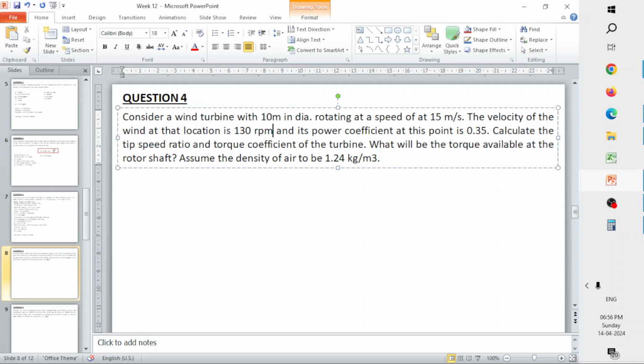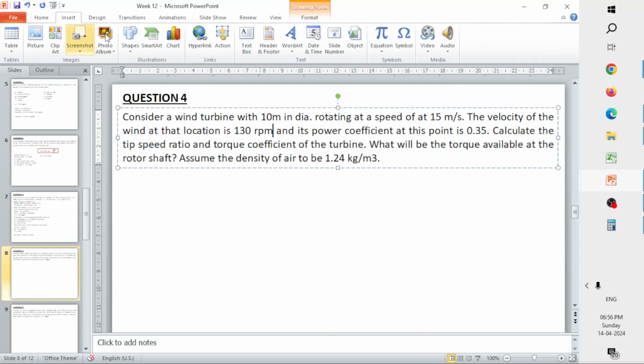So this will be the angular velocity that is given to you, and the power coefficient, your Cp value, is given as 0.35. They are asking you to calculate the tip speed ratio and the torque coefficient, that is your Ct, and what will be the torque available at the rotor shaft. Assume the density of the air to be 1.24 kg per meter cube.